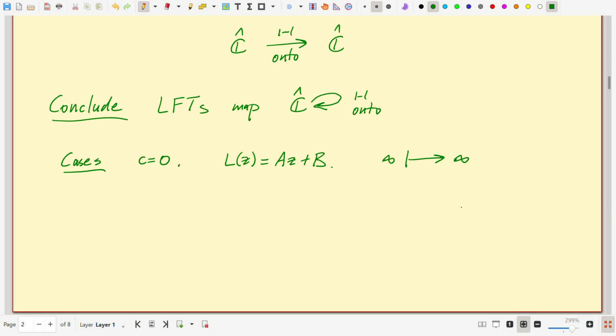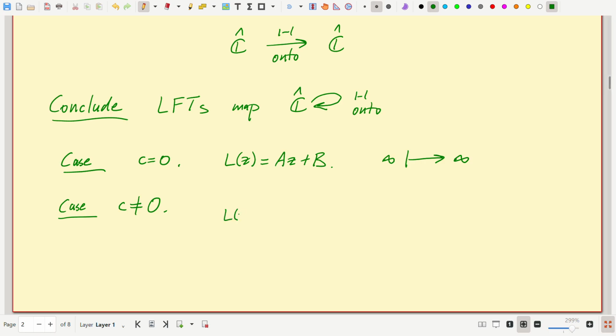Okay, and let's do the case now. The rest of the cases are different. This is case C unequal to 0. Then let's think about what we've got here.